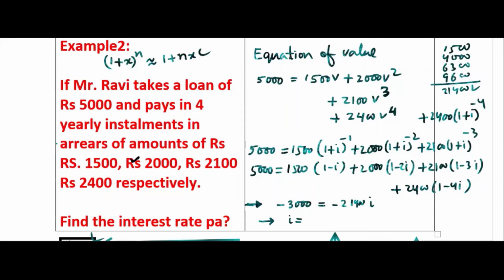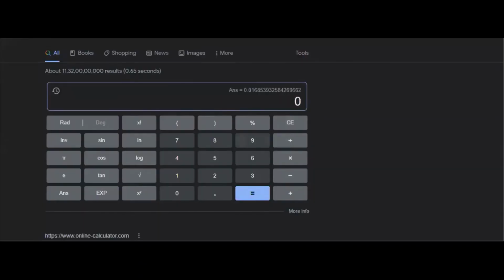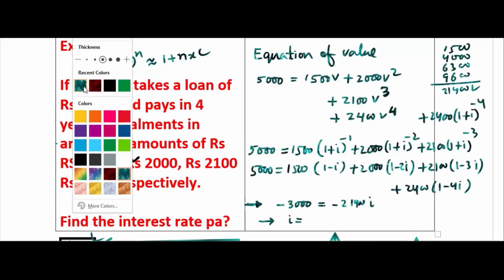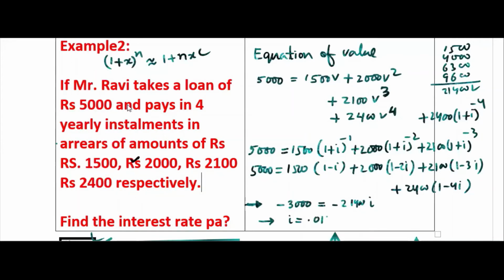3 divided by 214. That is 0.0140, that is 1.4%.